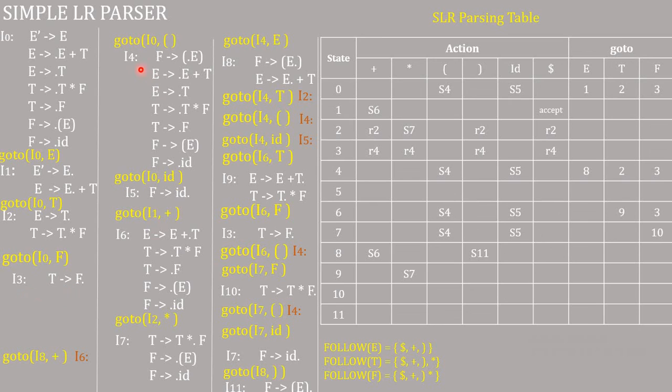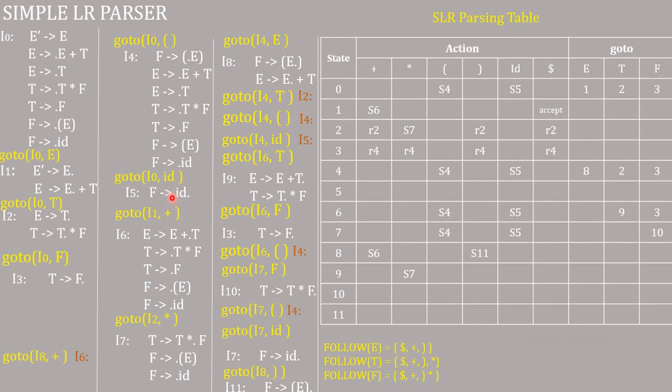Then we can go for I4. In I4 you don't have any productions in which dot is at the end. What about I5? In I5 you have F tends to ID dot. So in the 5th state we can apply the reduce operation, F tends to ID.